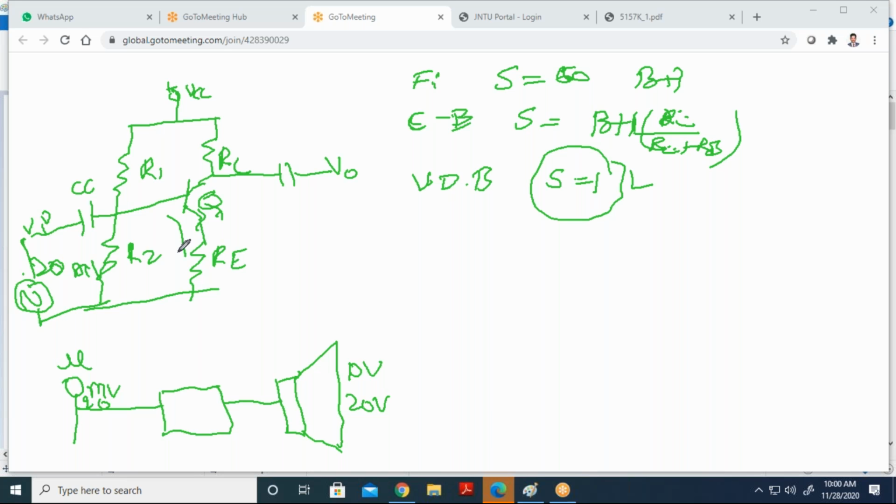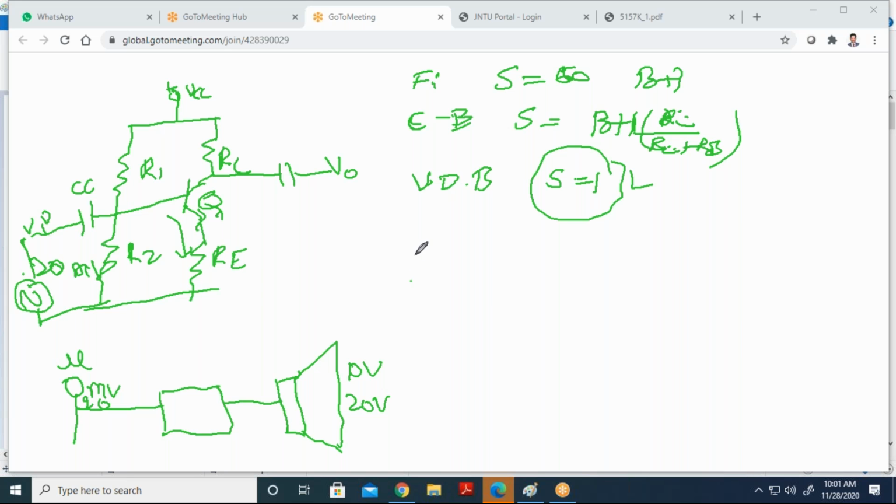Same current flowing through the RE, emitter resistor. So AC current dropped across the RE. Resistor acts as a DC component, it allows DC. So transistor activation done by DC supply. This is very, very important.